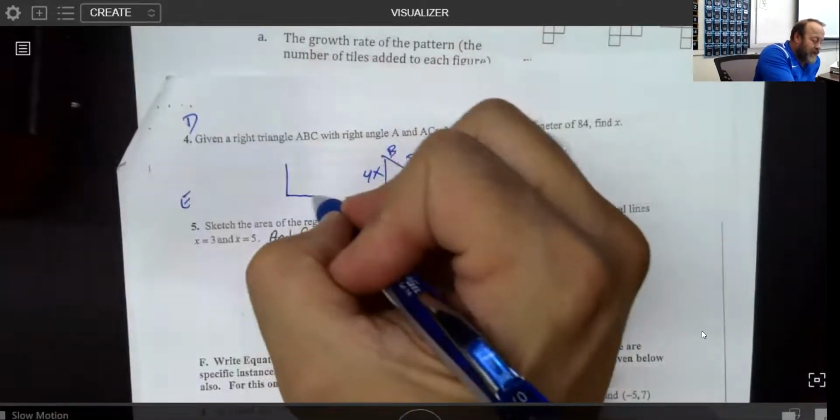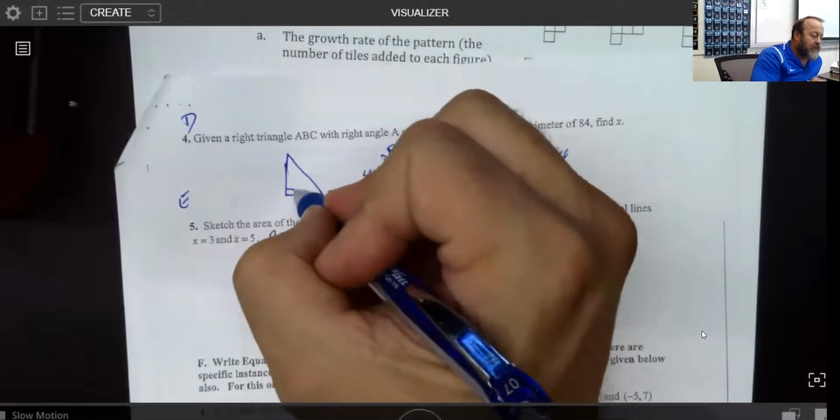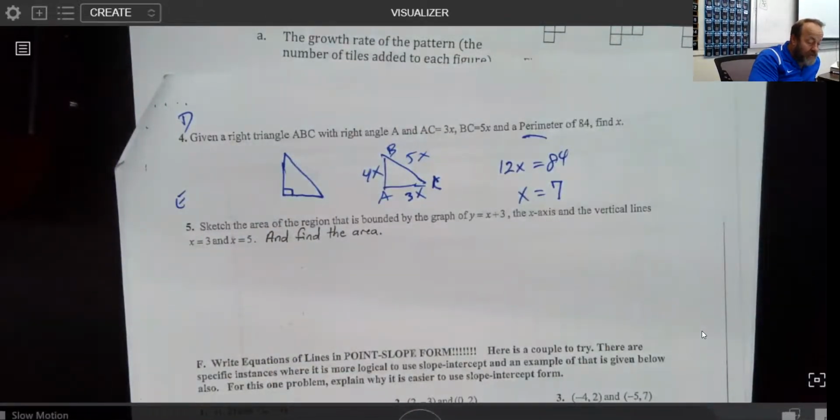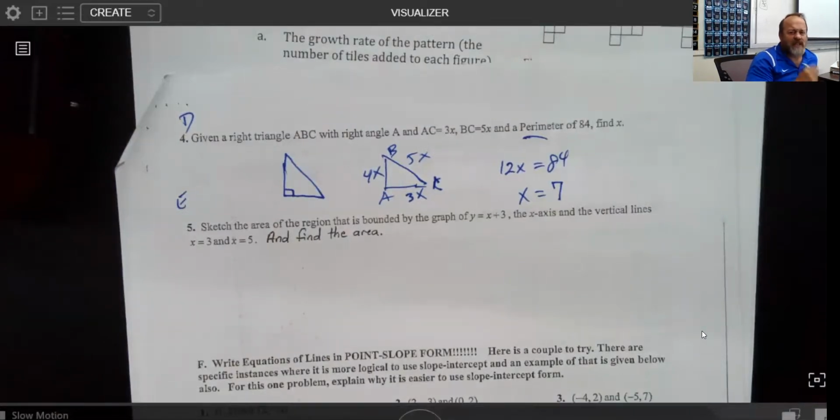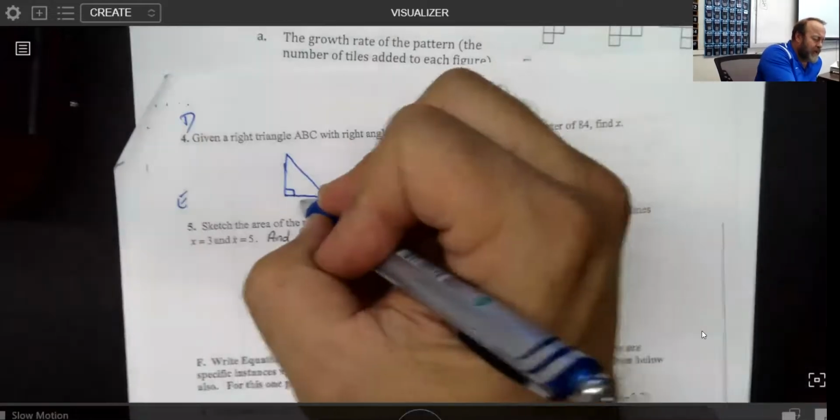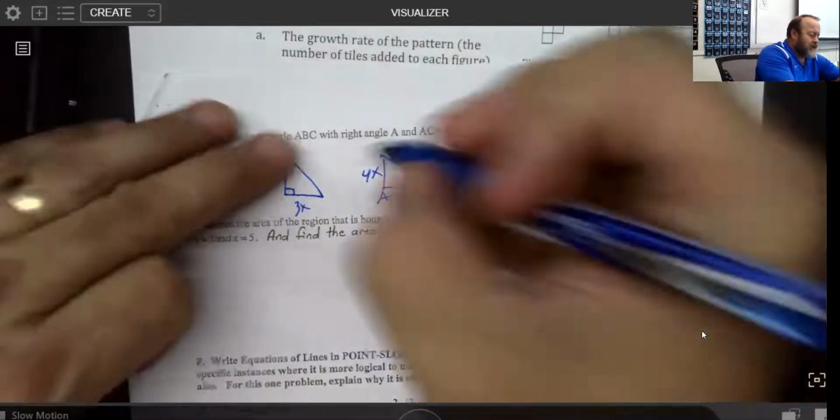Now, there's a couple of ways that you could have done that. It said it was a right triangle, so we could have done this and said, well, if it's 3x, we could have, let me see what I could do. Ooh, there's a lot of hard ways to do this. I don't think I want to. I guess I could call this 3x. I could call this 5x.